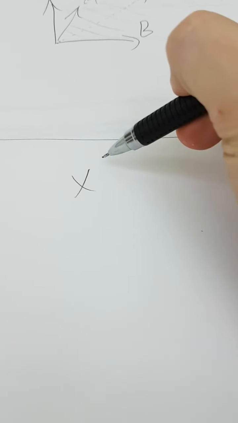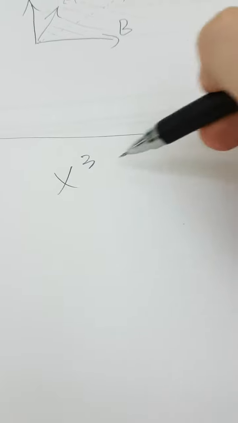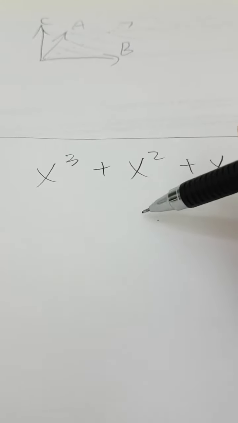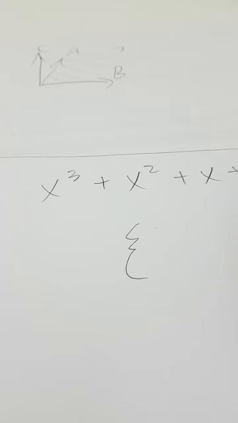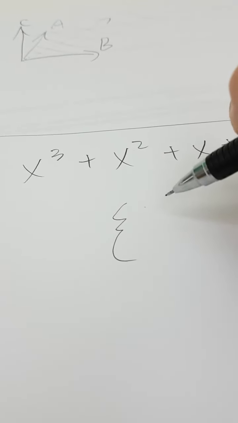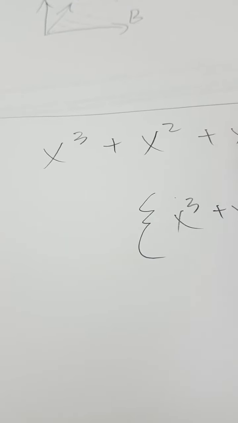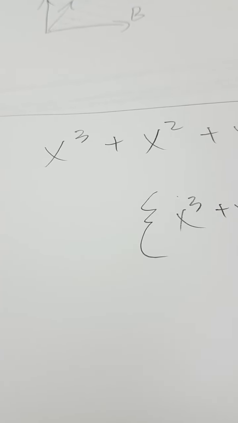Now let's take the case of polynomials, all right? So let's say we have a polynomial x cubed plus x squared plus x plus 1, okay? You could define a basis with respect to which you would decompose this polynomial.